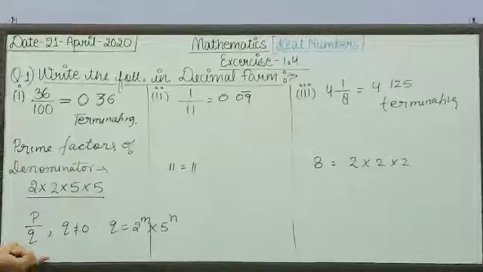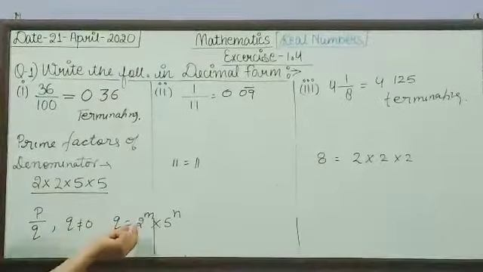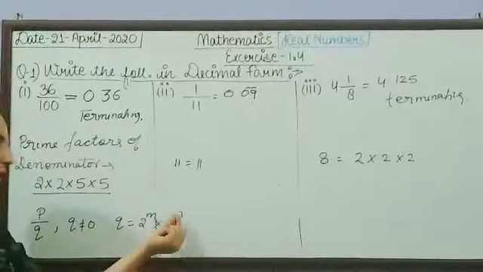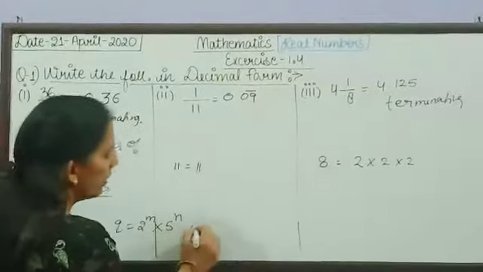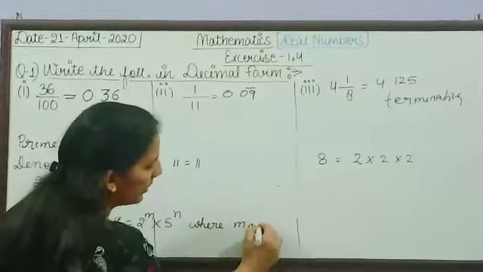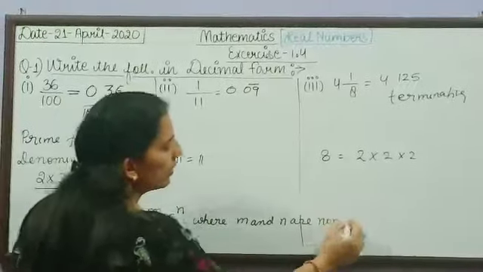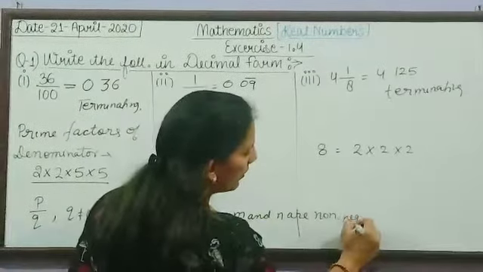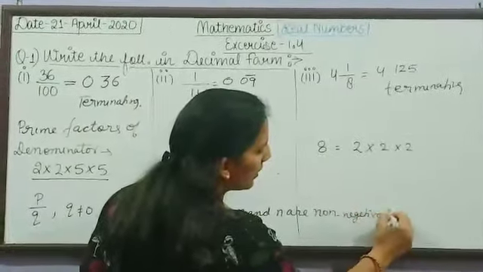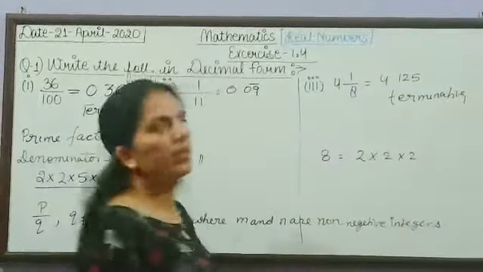It is a terminating rational number if q is in the form of 2 raised to the power m and 5 raised to the power n, where m and n are non-negative integers. Non-negative integers.